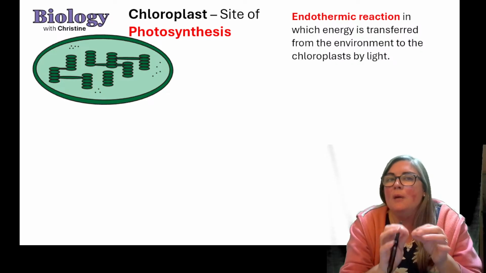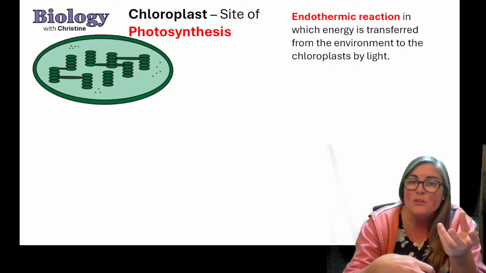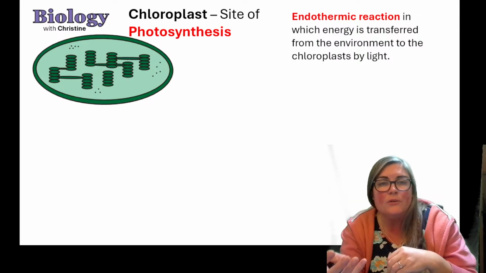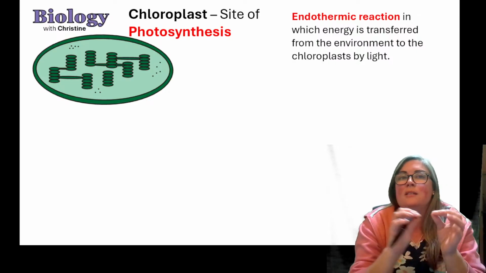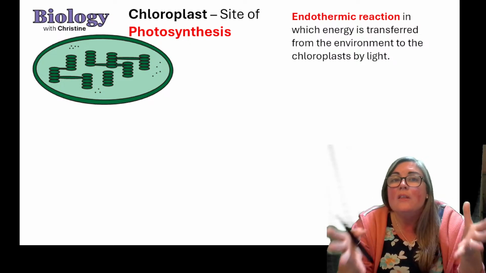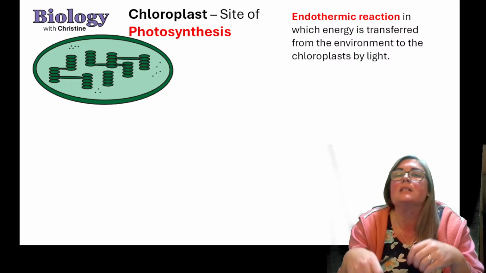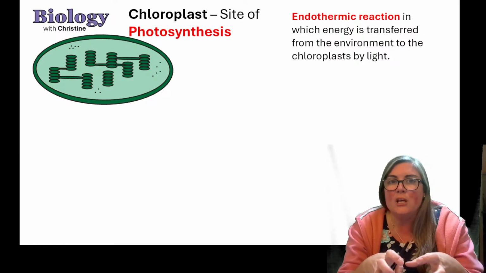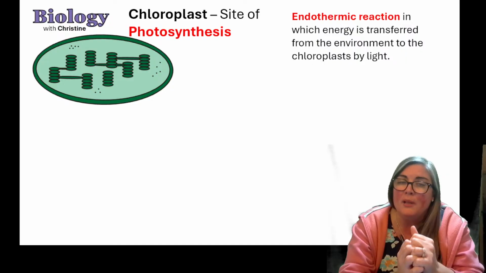It's an endothermic reaction. So your chemistry expects you to know whether it's exothermic or endothermic. So the chloroplast doing photosynthesis is an endothermic reaction, and that is because the energy, which is light energy, here comes in some physics, is going to be absorbed by the chloroplast.